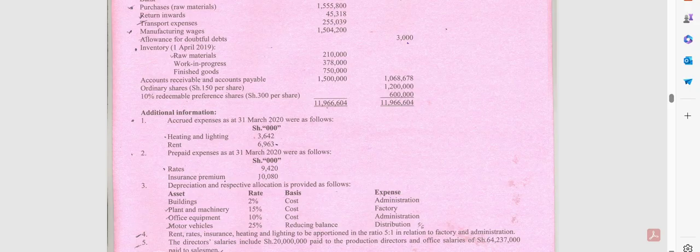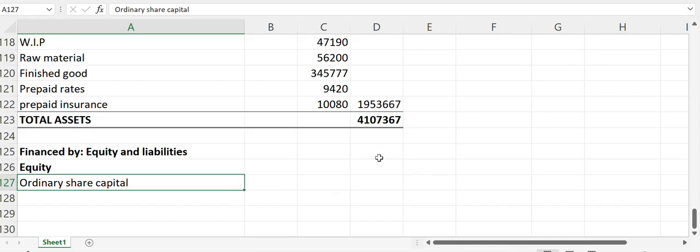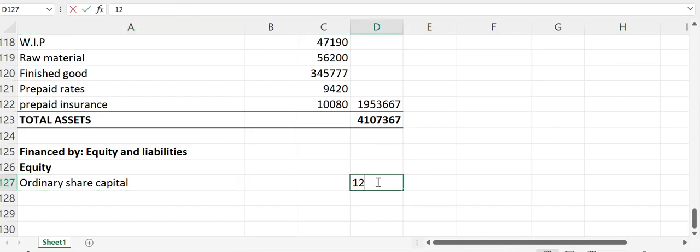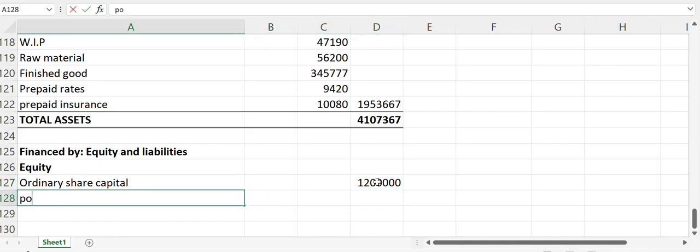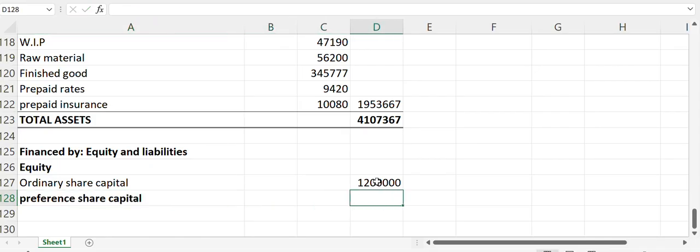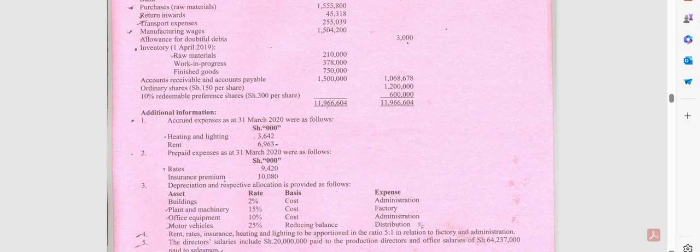You can see here the ordinary share capital is 1.2 M. Then we have preference share capital. For preference share capital, we have 600,000.